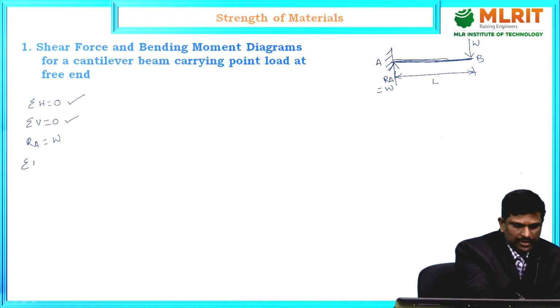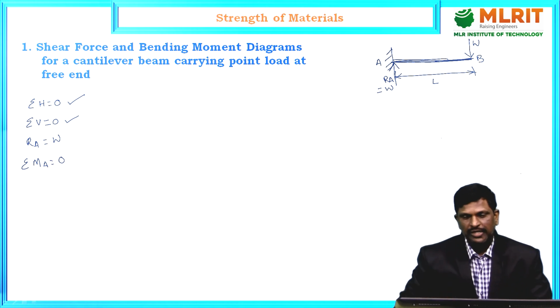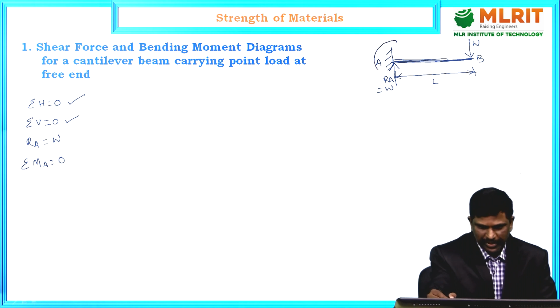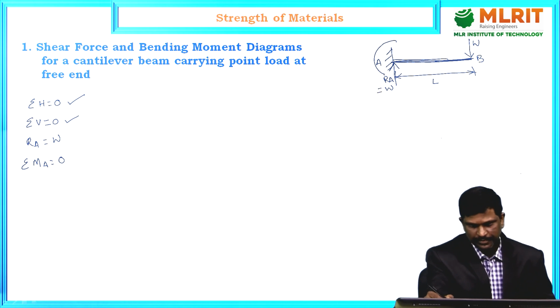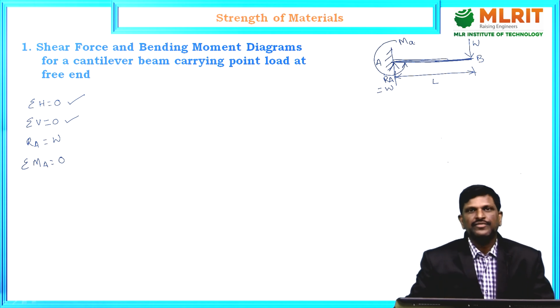Now, let us find the moment about any point on the beam equal to 0. Let us find moment about A. The applied load W is producing a clockwise moment of intensity W into L. To balance the clockwise moment and to keep the beam under equilibrium, there must be another anti-clockwise moment of same intensity.